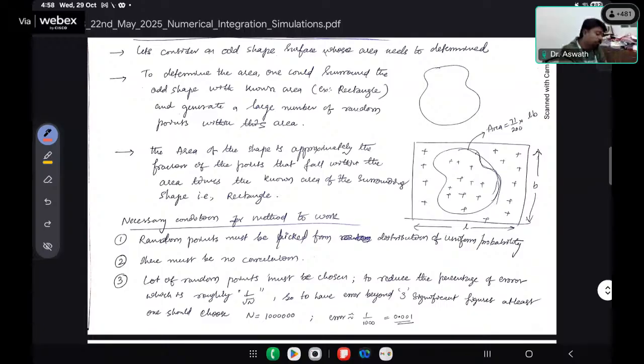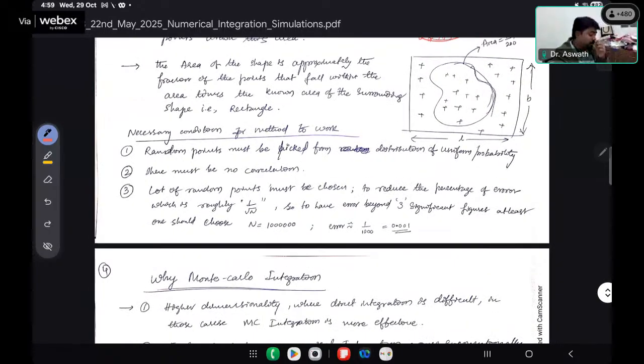Let's say I have a curve, which is described by dy by dx. What is the solution? The solution would be the area inside this curve. What I will do is enclose that area in a known shape, and I will drop points within this entire surface. I'll count the number of points falling inside the shape and the number of points falling overall.